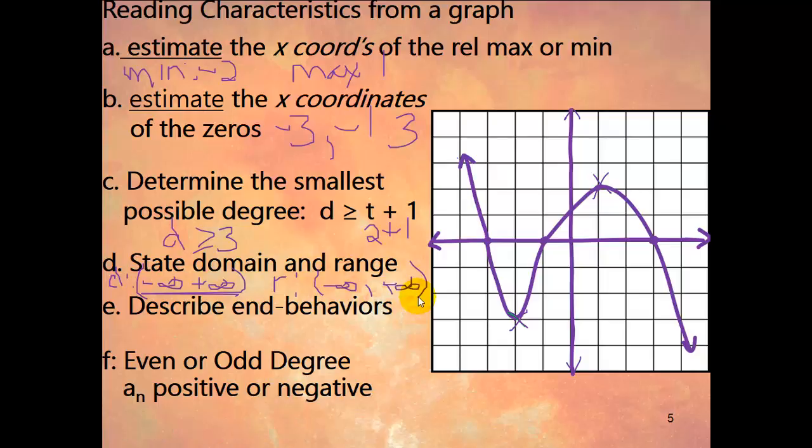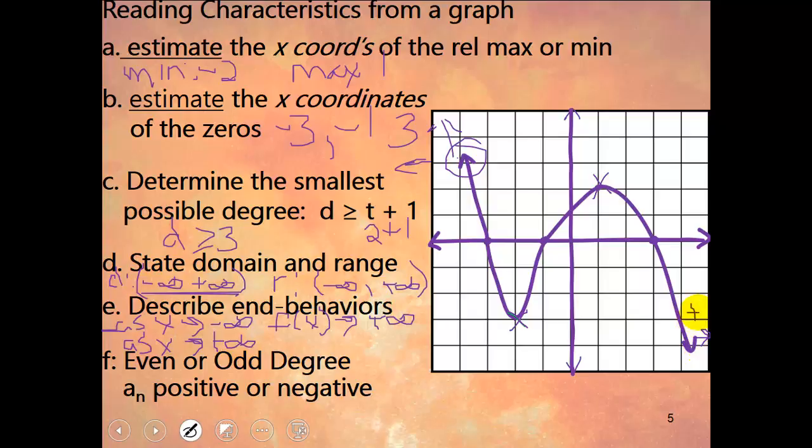And end behaviors, as x goes to -infinity, f of x goes to positive infinity. Remember, it's going left and it's going up. Okay, left is always negative, up is always positive. And then as x goes to positive infinity, here we go. It's going right, so it's positive, and it's going down, so that's negative.